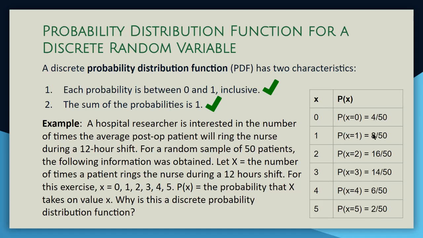So 4 plus 8 is 12, plus 16 is 28, 38, 42, 48, 50. So those do add up to 1. So this is a probability distribution because it meets these two requirements. We know that it's a discrete probability distribution because the X values are countable. A post-op patient can ring the nurse once, twice, 3 times, but not 2.5 times.